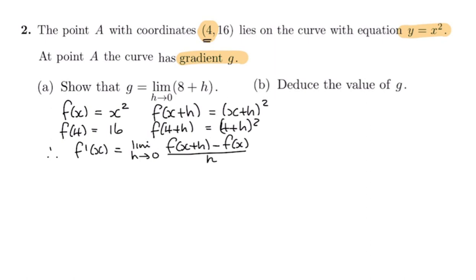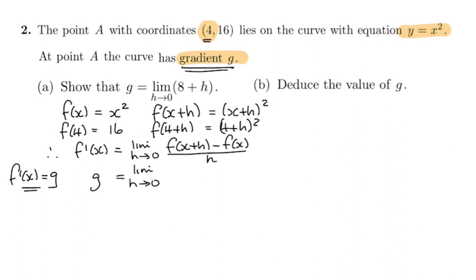Now, f dash of x is the gradient. f dash of x equals g. We're told here the gradient of g. So g equals the limit as h tends to 0. f of x plus h is x plus h whole squared.